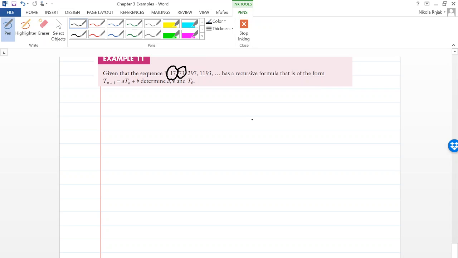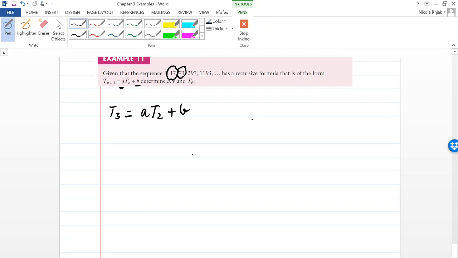So to get term 3, we multiply A, whatever that is, by the previous term, which would be T2, and then we add some value B.